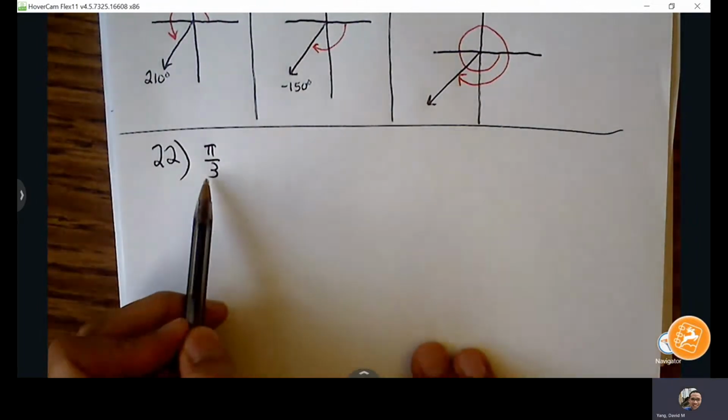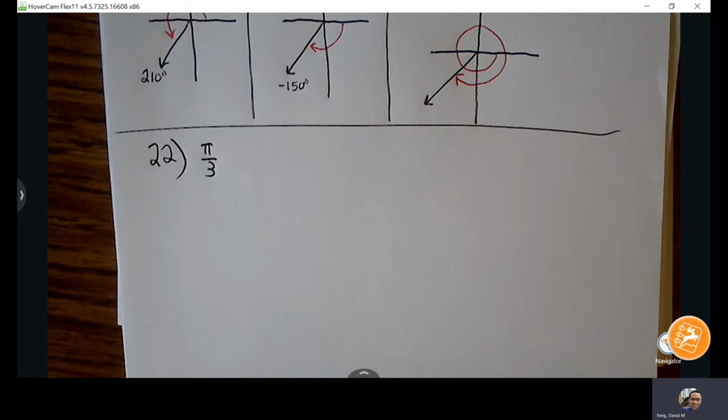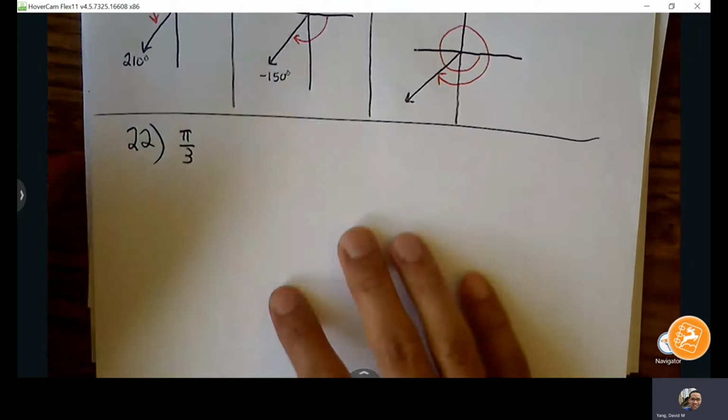If you don't recognize this angle, you can always convert it to a degree measure. Down the road, we're going to train ourselves so we can recognize what these angles are. But in the meantime, we can always use conversion to help us get to degree measure, which we naturally have an easier time with.